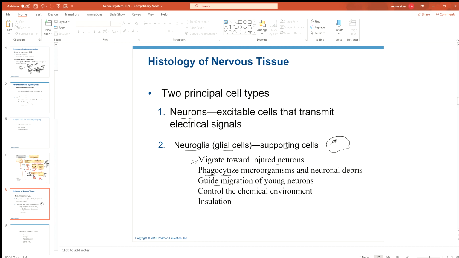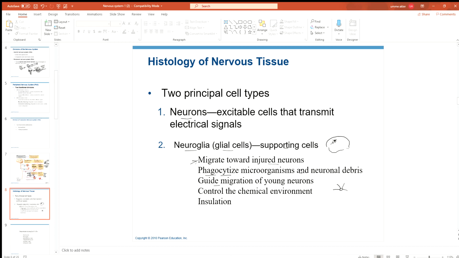Guide migration of young neurons. When your brain is formed in the very early embryonic stage, just think about the early part of your life, a small amount of neural tissue forms the brain, and then the cells multiply and form different structures of the brain, right?